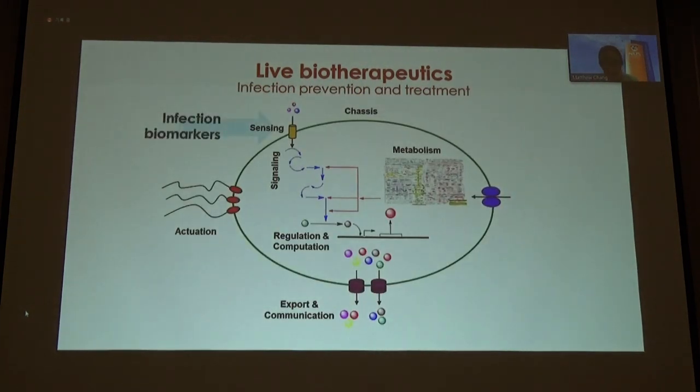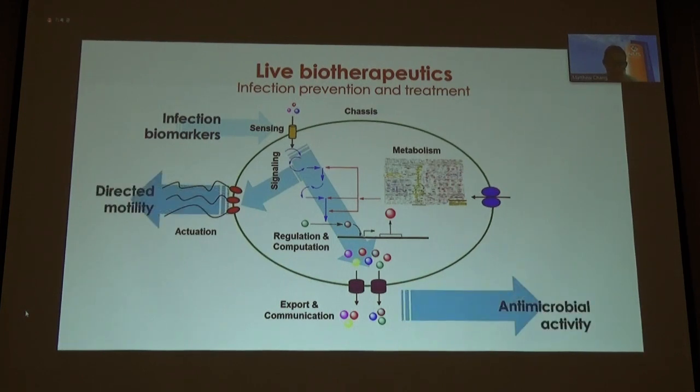The complementary functions that we're very interested in developing in this particular study are in microbes that reside in the gut: detection of infection biomarkers, processing this information, and then eventually showing antimicrobial activity.